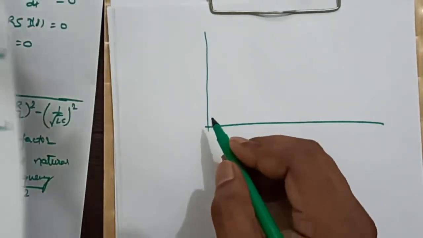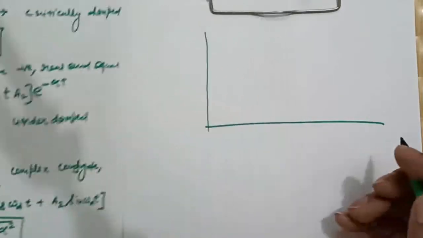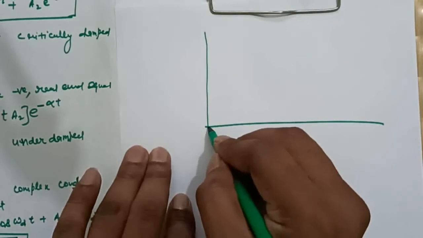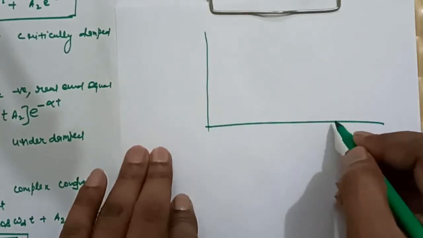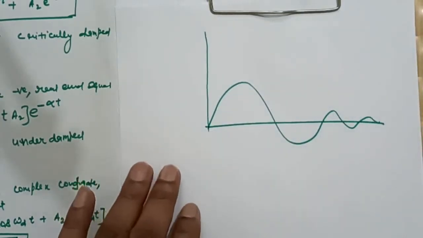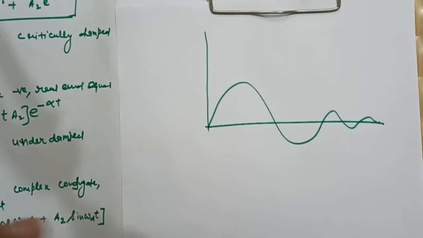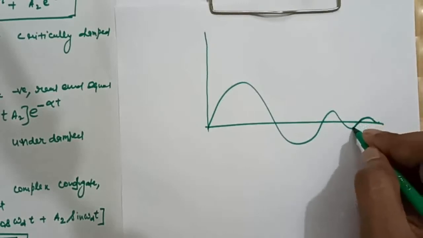Let us start with our third case. Why? Because this will die out. This will be the damped frequency or damped condition, or underdamped response.